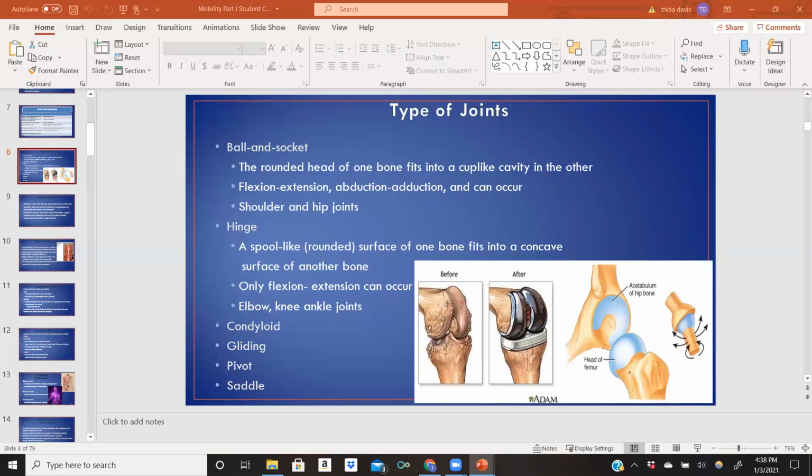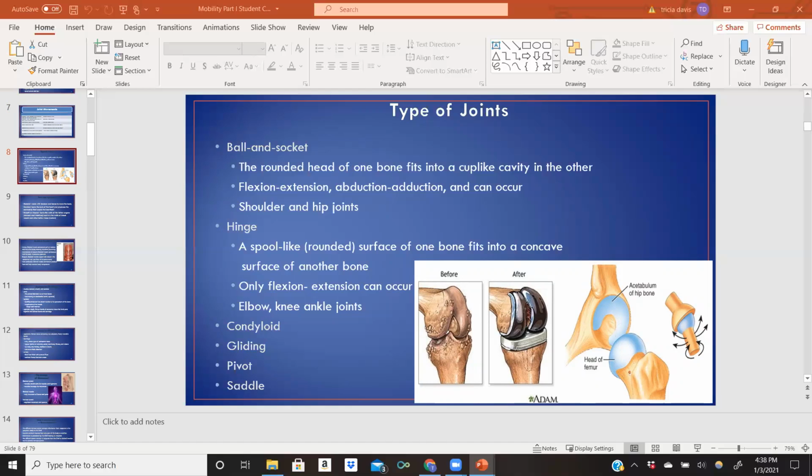Then you have the condyloid joint. The oval head of one bone fits into a shallow cavity of another bone. It allows flexion and extension, and also abduction and adduction, like your wrist joint and the joints connecting your fingers to your palm.